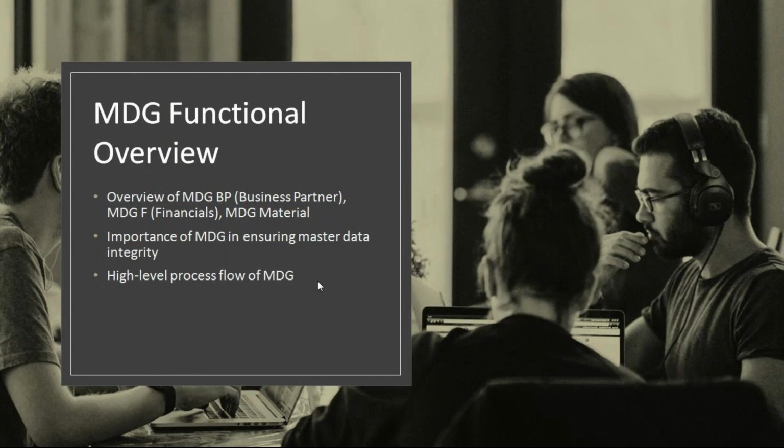In S4 HANA we have the BUPA concept, and it says that whether customer or vendor, ultimately it is linked with the business partner. So business partner is the highest level in the hierarchy, and the lowest level will be the relevant ERP customer or ERP vendor. That's the BUPA concept.